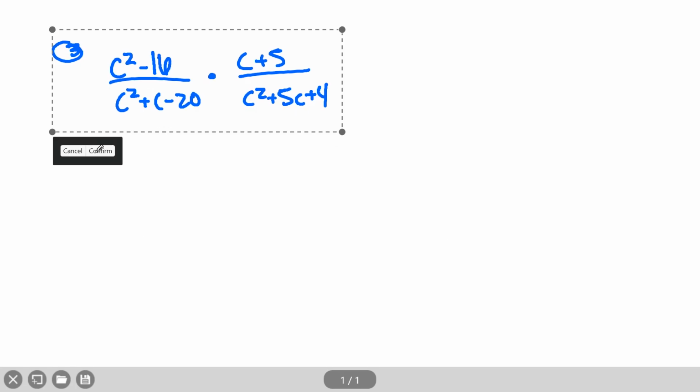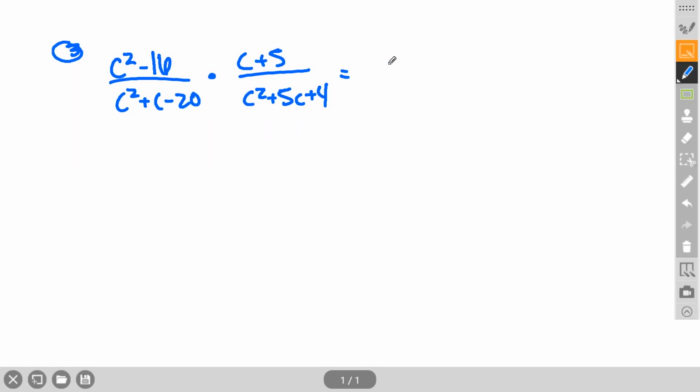So we factor each piece as necessary. c squared minus 16 is a difference of two squares. That's c plus 4 and c minus 4, because this is c to the second power minus 4 to the second power. So it factors into c plus 4 times c minus 4.